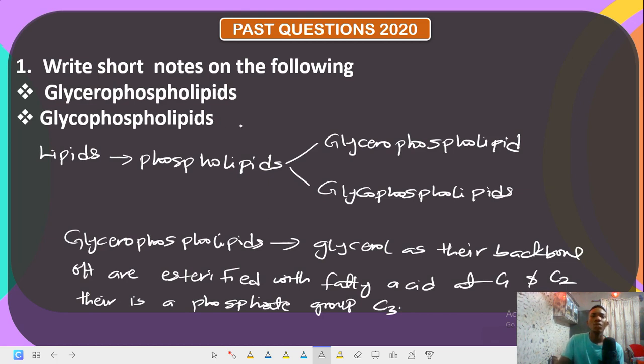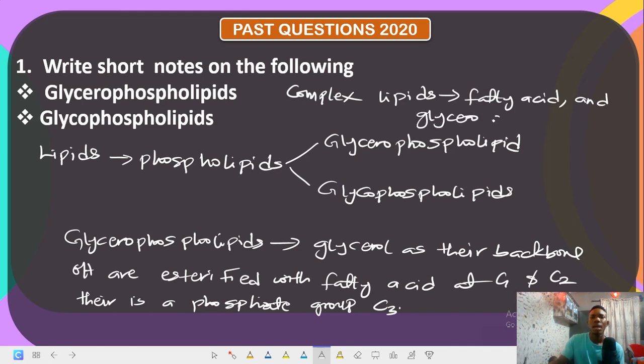So we can say glycerophospholipids are complex lipids that consist of fatty acid and glycerol as the backbone, and a phosphate group. They also have a phosphate group and then a nitrogenous base.